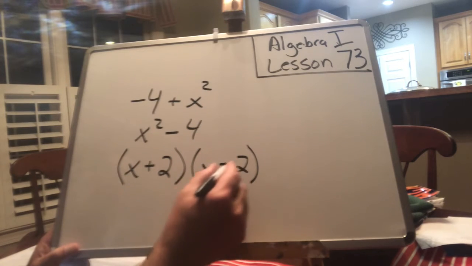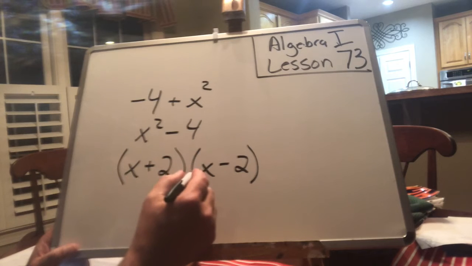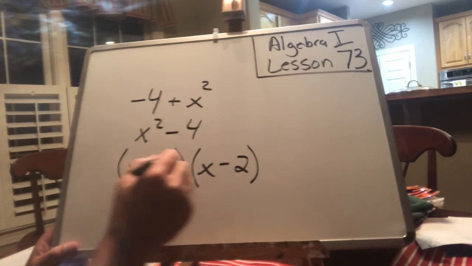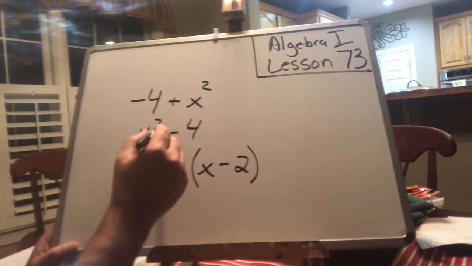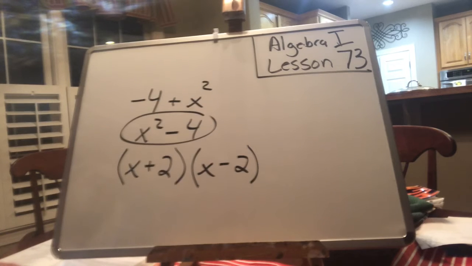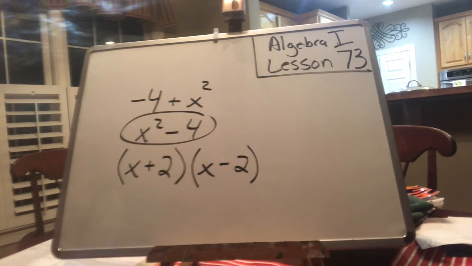X times negative 2 is negative 2x, and then positive 2 times x is positive 2x. They're going to cancel each other out, and I finish off with positive 2 times negative 2 is minus 4. So I'm back to my original problem, and this is me factoring the difference between two squares. Just have to rewrite it once in a while.